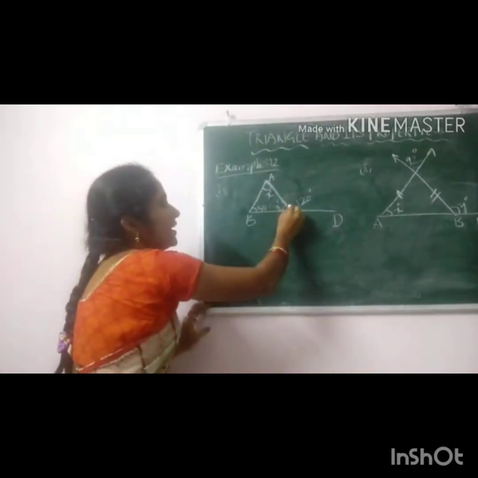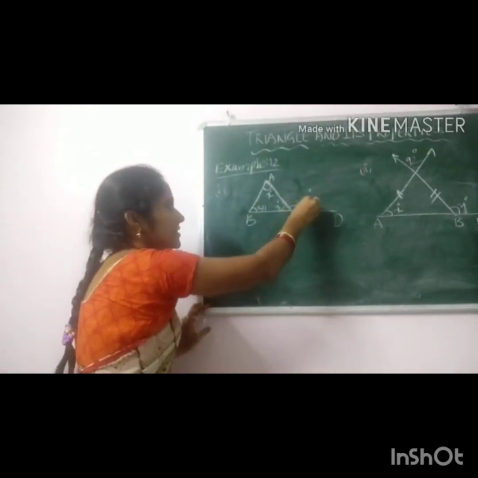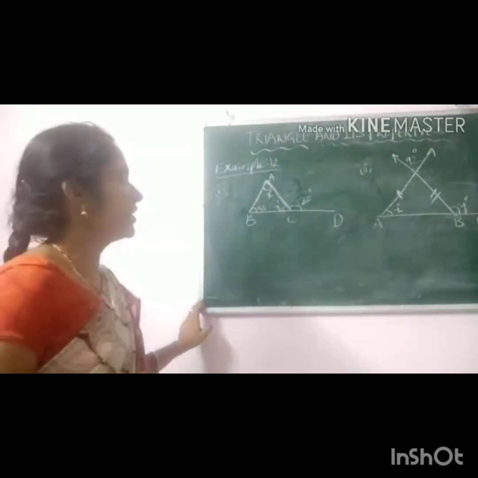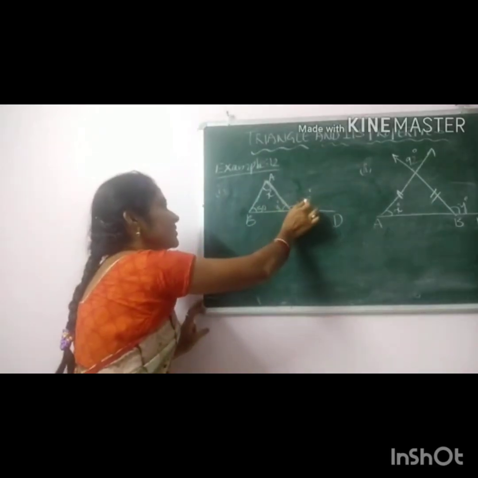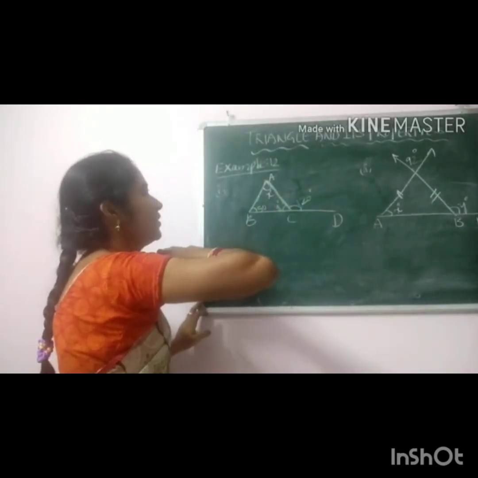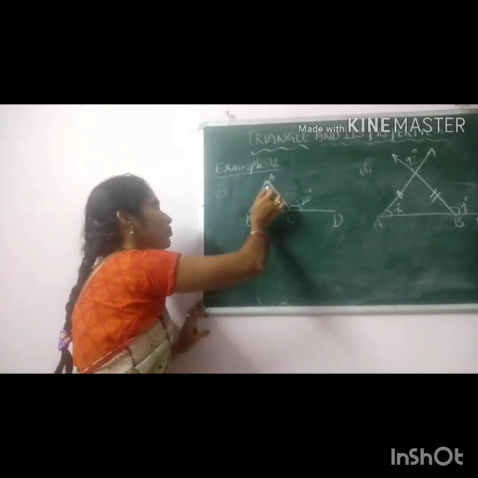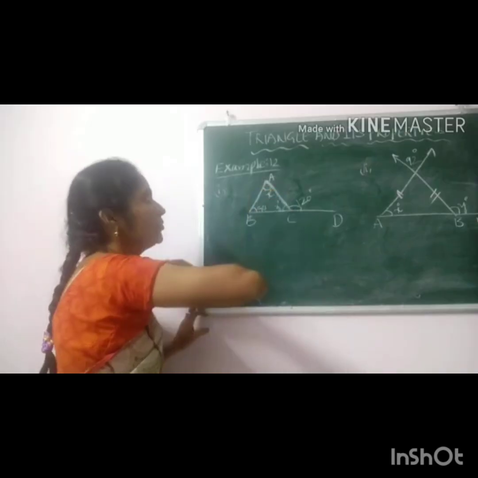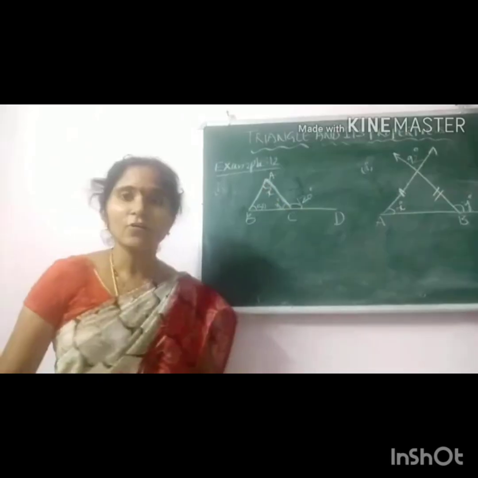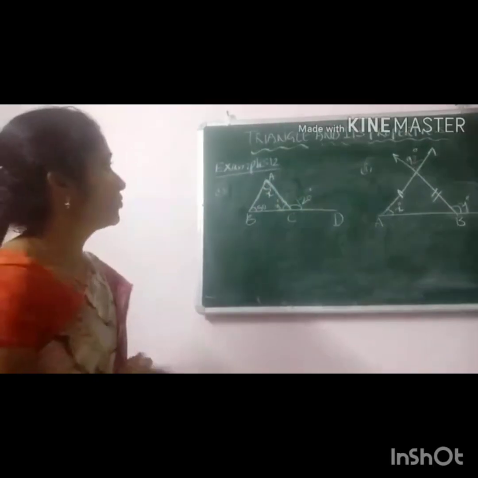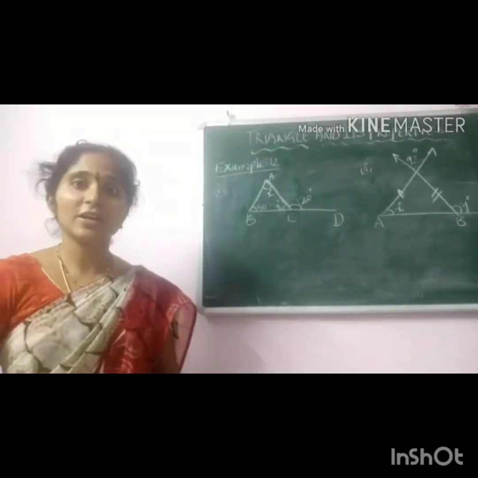Here, this is the exterior angle. This exterior angle they gave as 120 degrees. Using this clue, the exterior angle clue, we have to find the x value, and also we should find the y value. How to find the values of x and y?